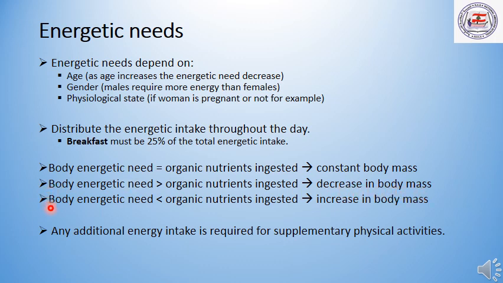Also, if the body energetic need was less than the amount of organic nutrients ingested, then this would lead to an increase in the body mass. Any additional energy intake is required for any supplementary physical activity.